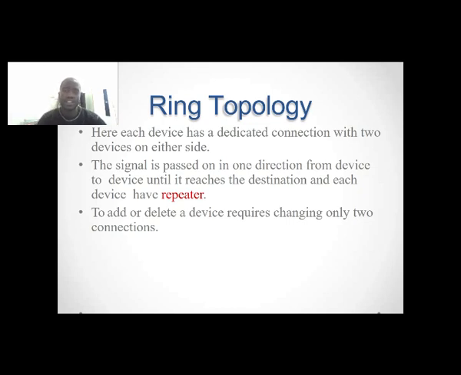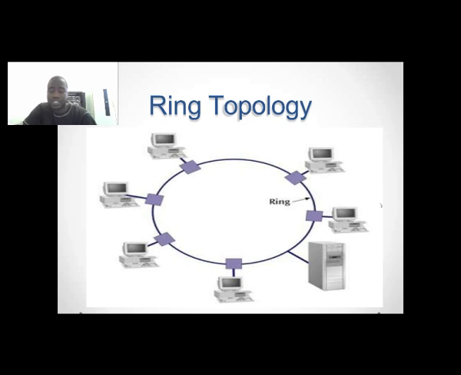The signals are passed in one direction from device to device until they reach the destination, right? And to add or delete a device, it requires only two connections, and we will see that. So this is a ring topology.